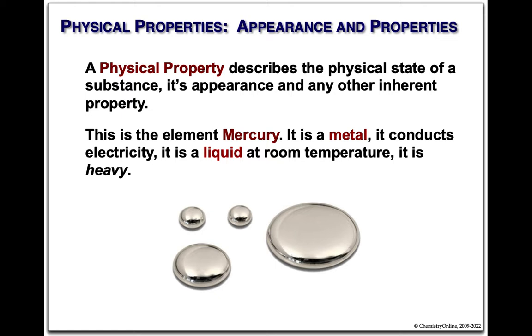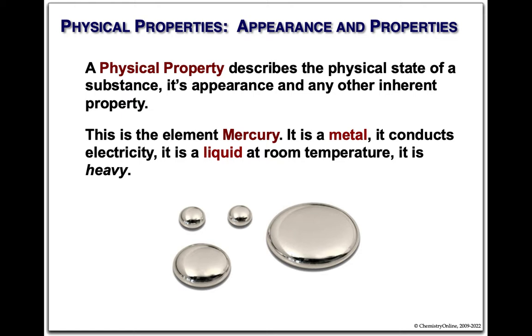Mercury is a very fun thing to play with. When I was a child, we played with it all the time. Now it's considered a neurotoxin, so we're not even allowed to have it in the building. It's a metal. It conducts electricity, and it's a liquid at room temperature.